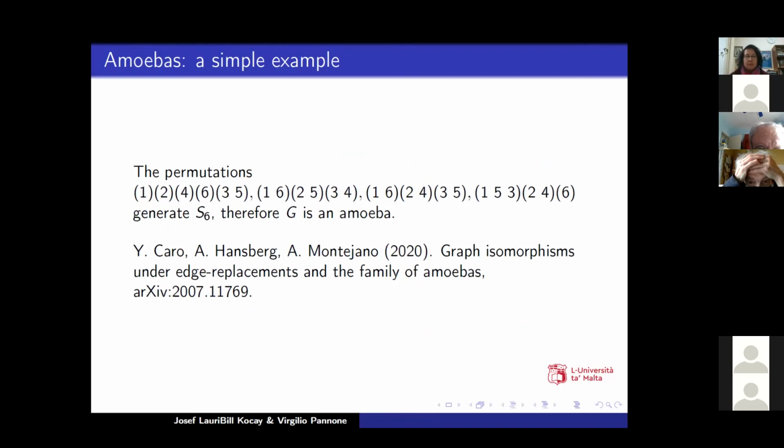Talking with Caro, Hansberg and Montejano, I don't get the impression that they thought about it, but I'm not sure. I'm just asking about motivation. Their motivation was the coloring problem, from that type of coloring. Then they realized that amoebas give the omnitonal graphs, and bipartite amoebas are examples of omnitonal graphs. Right. And then they realized that amoebas have their own interest, and they produced this paper.